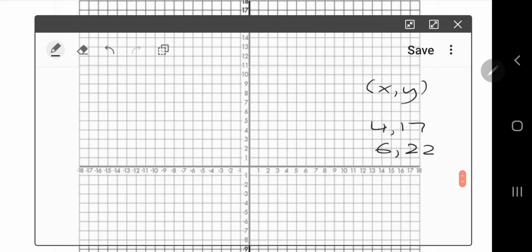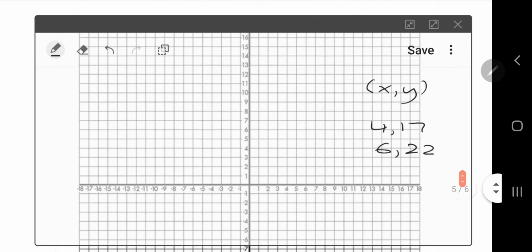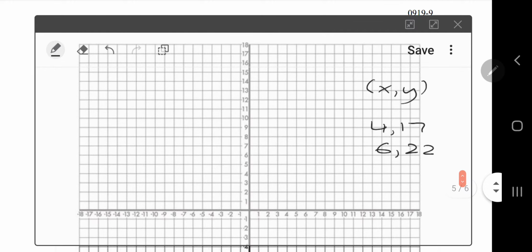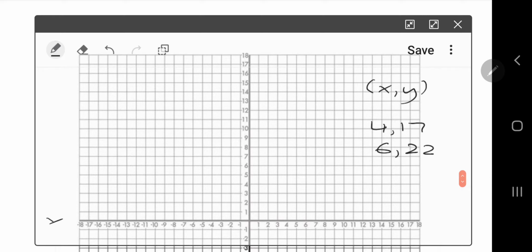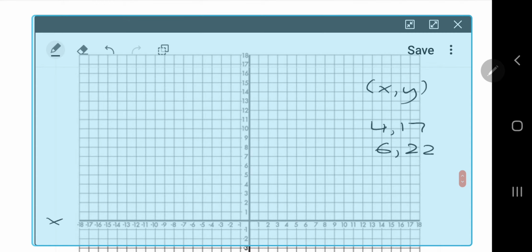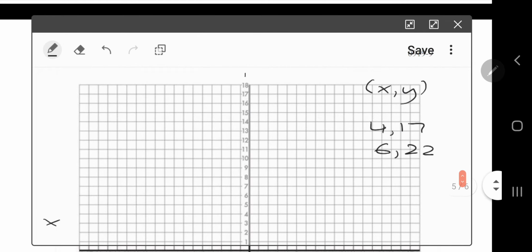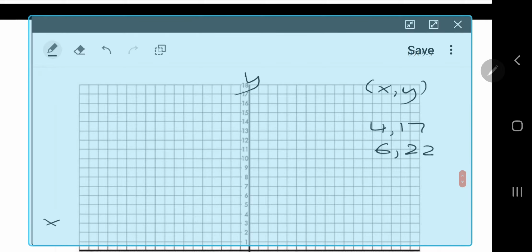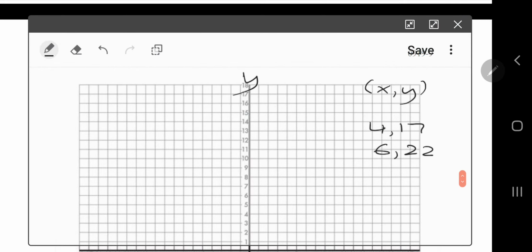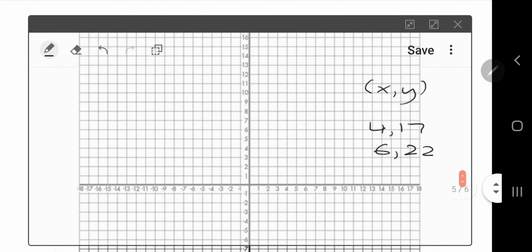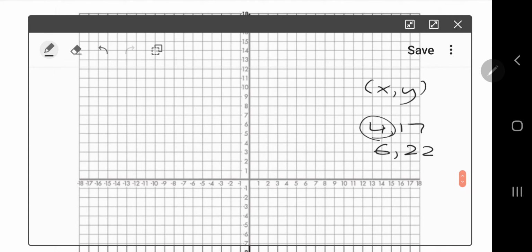So now when we scroll to the actual graph, here it is. So when we do 4, 17, keep in mind that the x plane is here and the y plane is right here. So just keep that in mind. And once we actually graph it, 4 over here is going to be the x, meaning we move 1, 2, 3, 4.